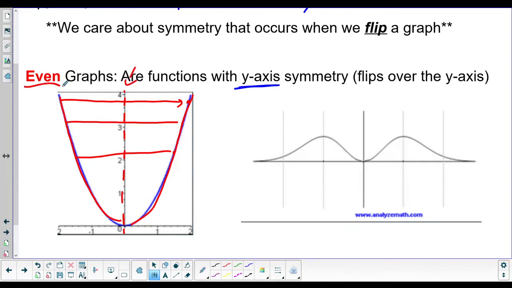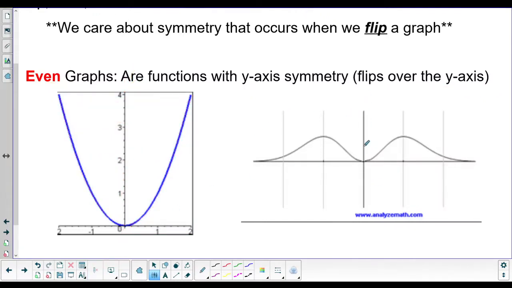That's what it means to have even symmetry. Here's a little more strict definition, but we're not really going to worry about that, right? We're just going to worry about this easy definition. If I flip it on the y-axis, it looks exactly the same. Same thing here. If I took this and folded it exactly in half here, this stuff would land there, that would land there.